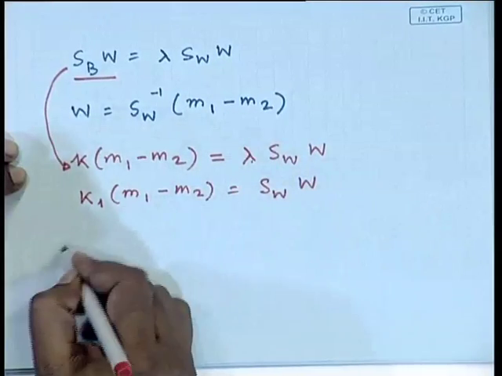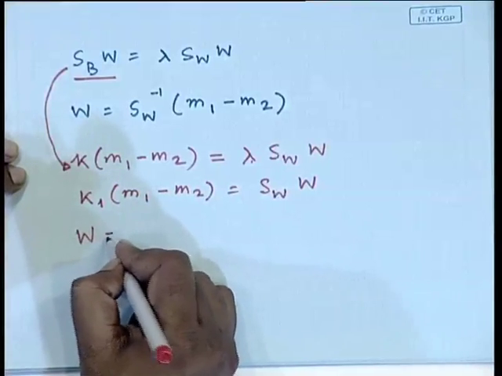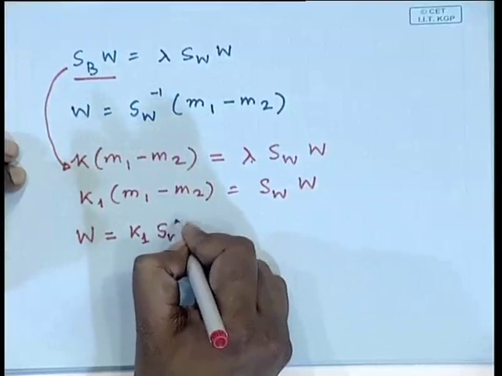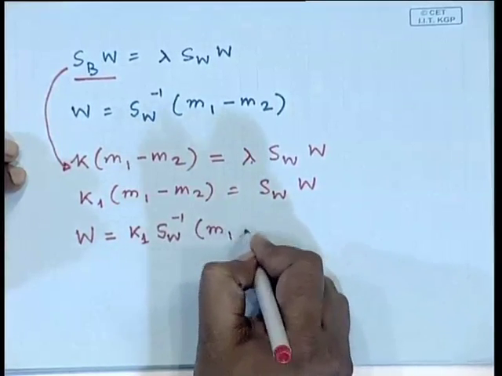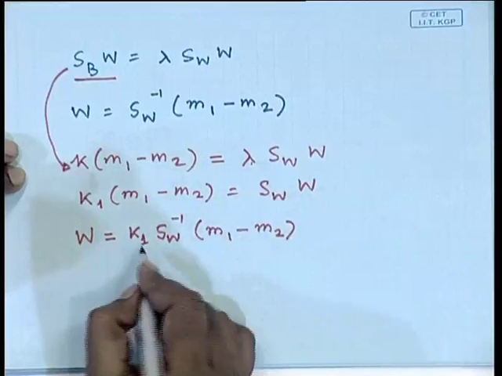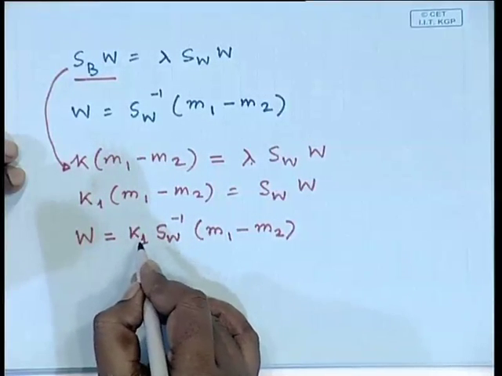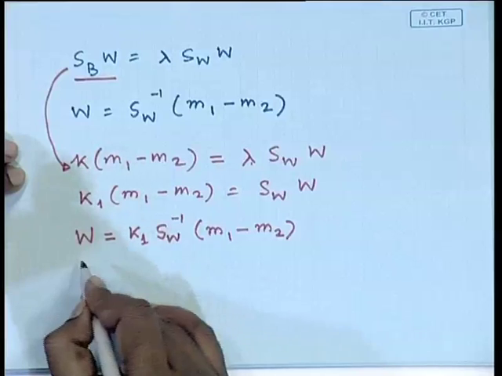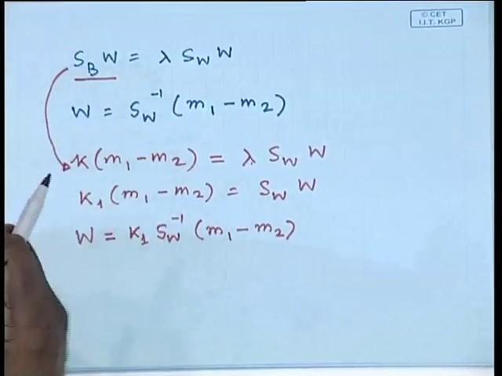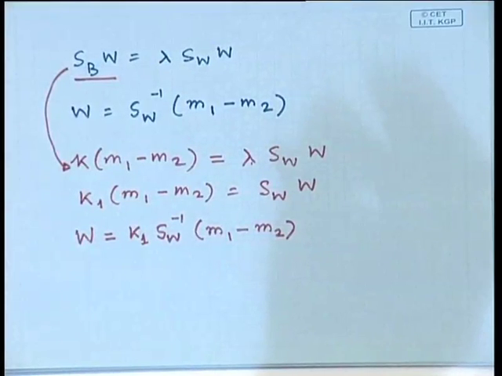right, which clearly says that this W is nothing but some constant k1 times S_W inverse into (M1 minus M2). Is it okay? And as I said, this scale factor is not that important to me, because I am interested in the direction of W. The scale factors will indicate how much will be the separation between the two classes, and in the projected domain how the points will be distributed.